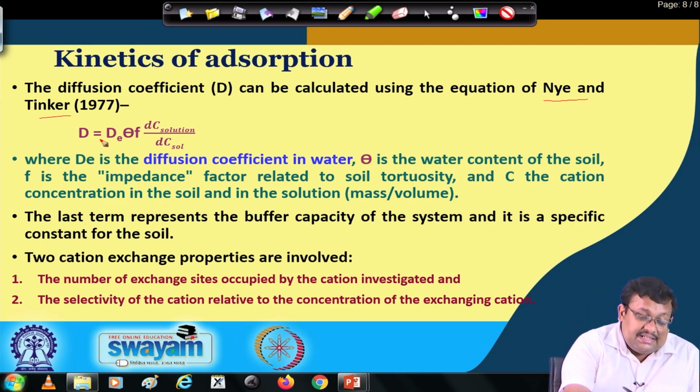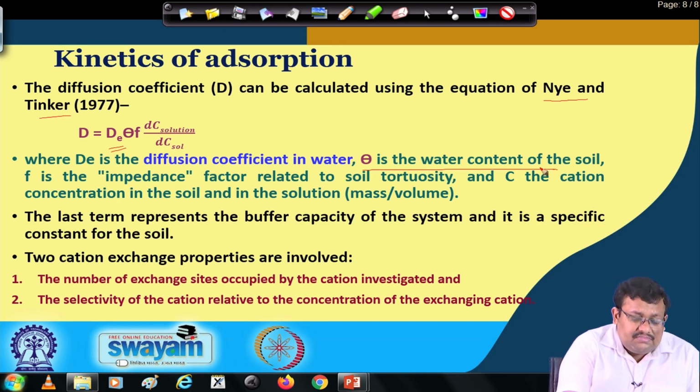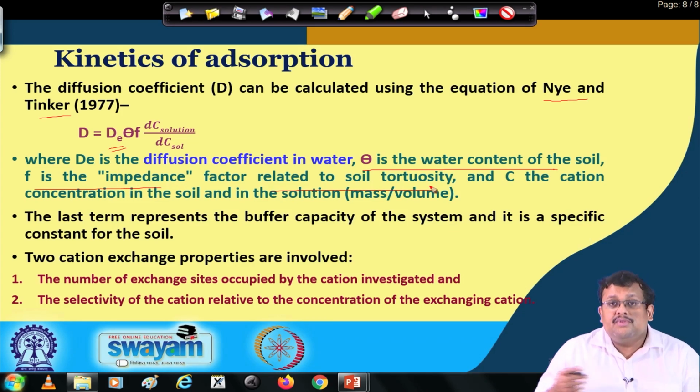So, we can see that D equals D_e times theta times f times dC_solution by dC_sol. Now, D_e is the diffusion coefficient in water, theta is the water content of the soil, and f is the impedance factor related to the soil tortuosity.